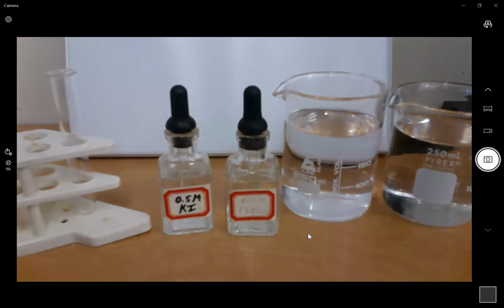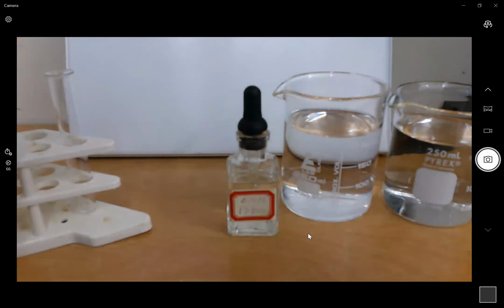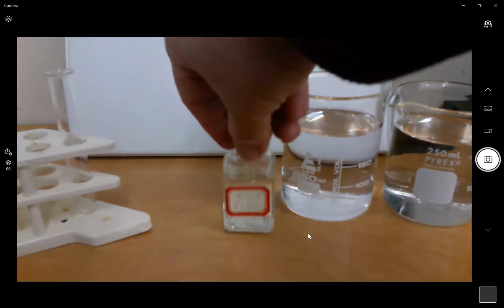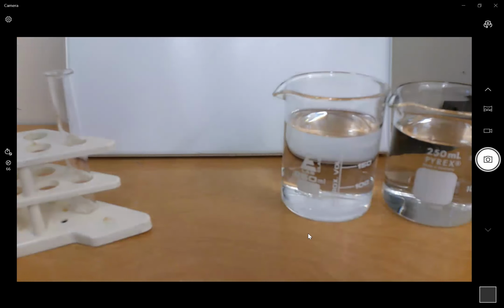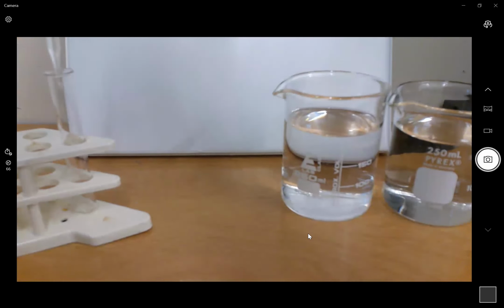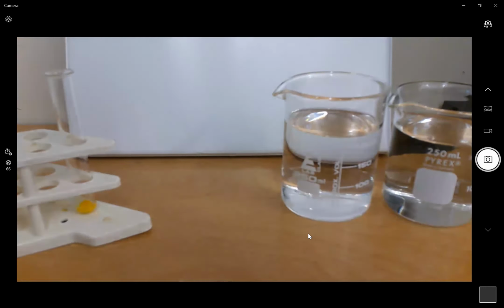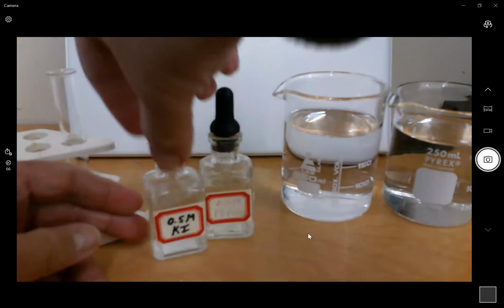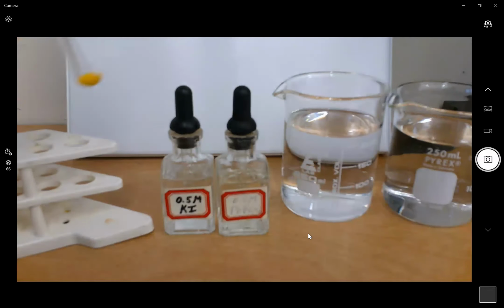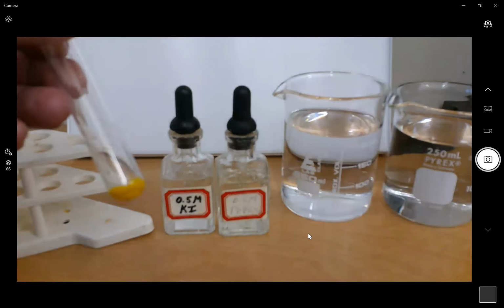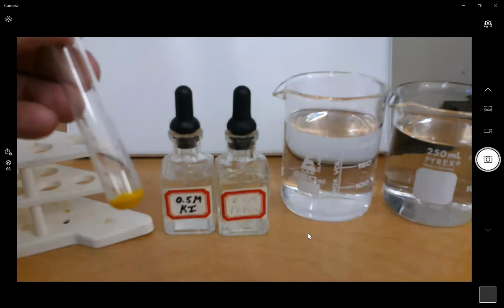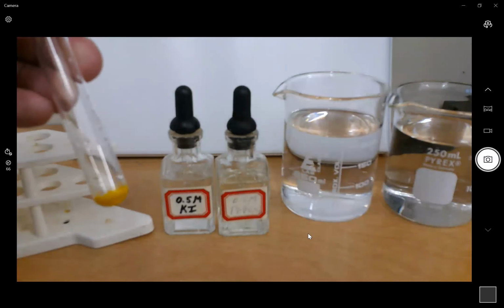If you look at the solubility table and mix them, as you can see on the test tube on the left, we get a nice yellow solid precipitate, which would probably be lead iodide.